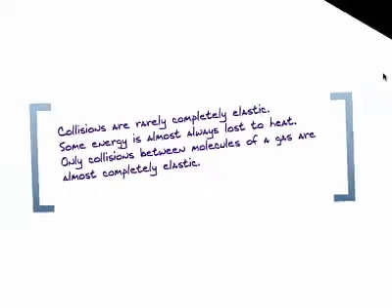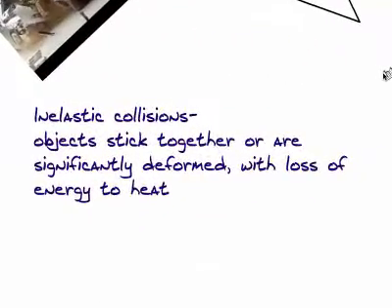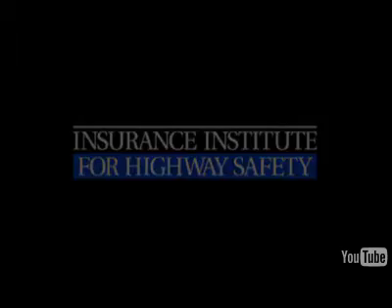The other type of collision is called an inelastic collision. And this is where objects will stick together or are significantly deformed with a loss of energy to heat. Let's take a look at some inelastic collisions.